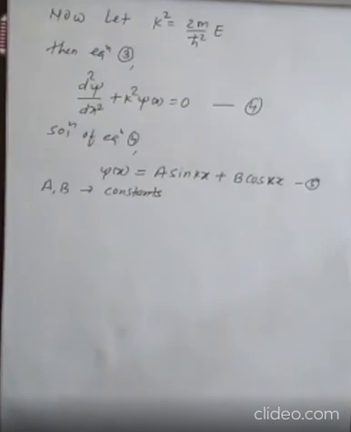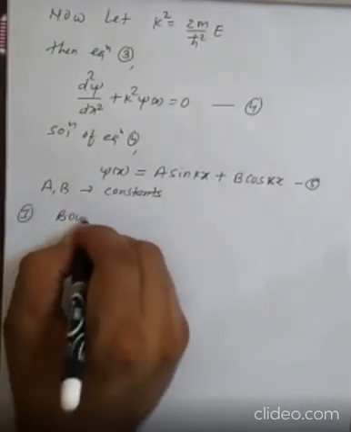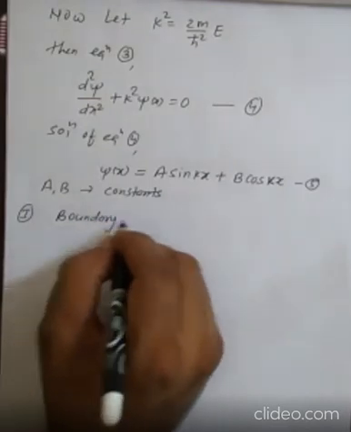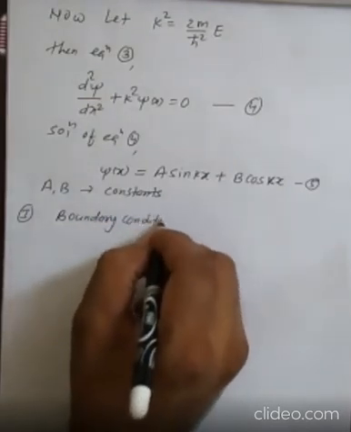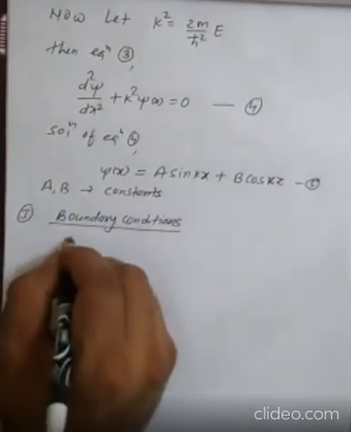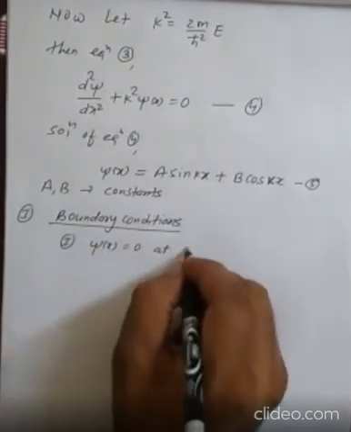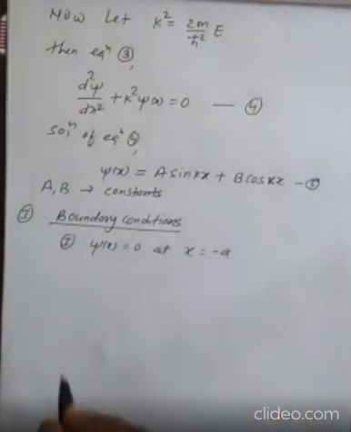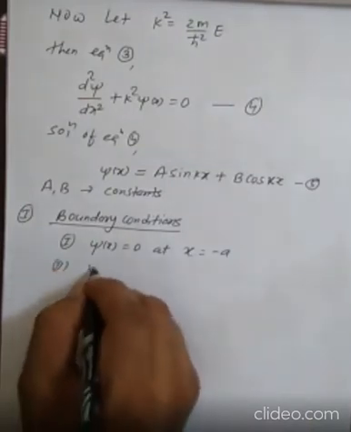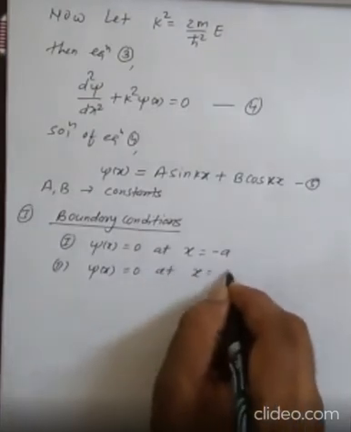So we can determine these constants by using the boundary conditions. So we have two boundary conditions here. The wave function is 0 at x equal to minus a, and the second one is psi(x) equal to 0 at x equal to plus a.